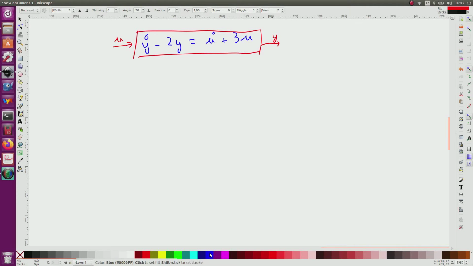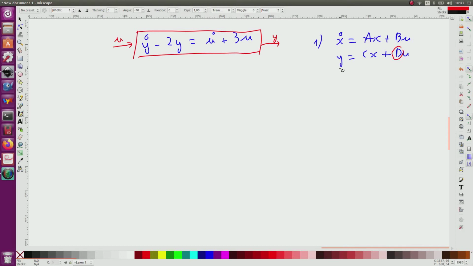For the first question, I have to write the system into the form x dot equal ax plus bu and y equals cx plus du. Since the system, as we'll see, is non-strictly proper, the direct matrix is not equal to 0.